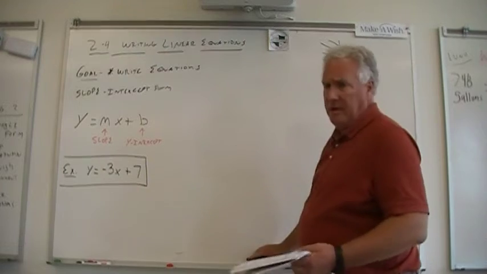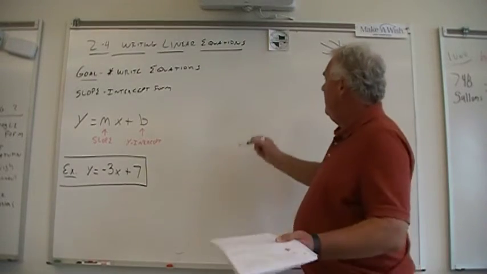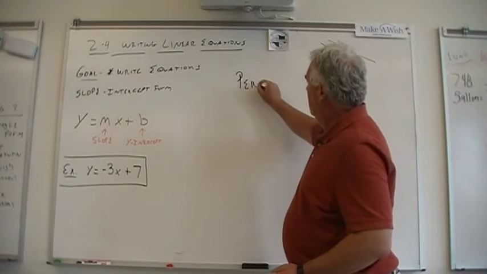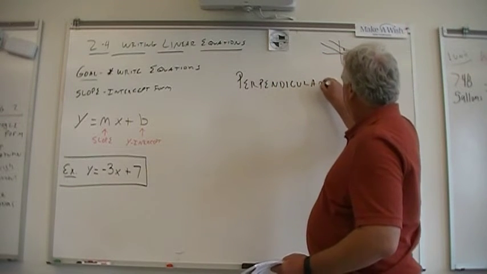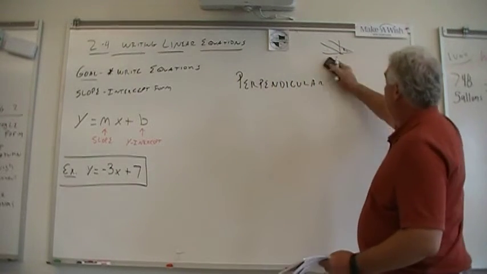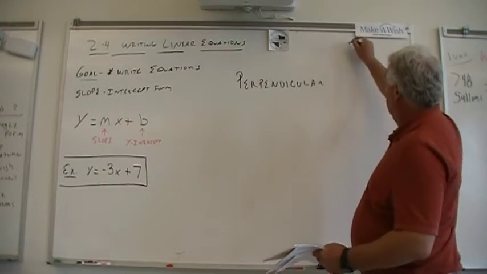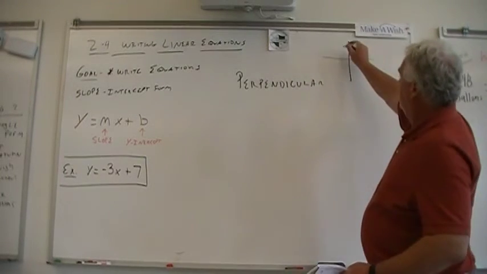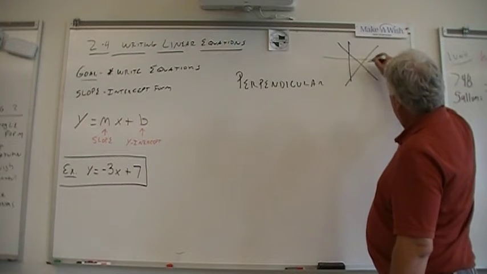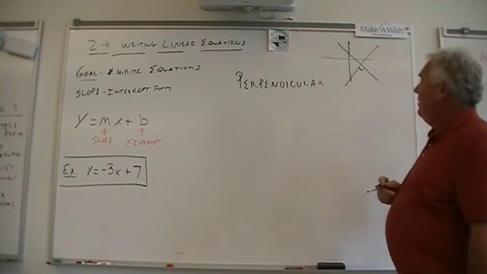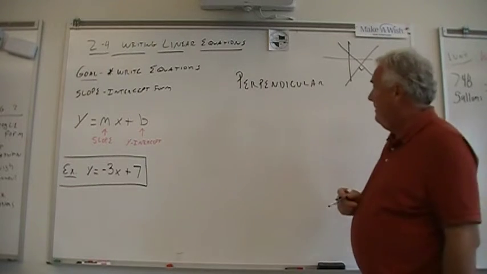Lastly, and this one's a little bit more complicated, is perpendicular. Perpendicular lines form right angles. So there's our line. A perpendicular line would go so that we have right angles between them.